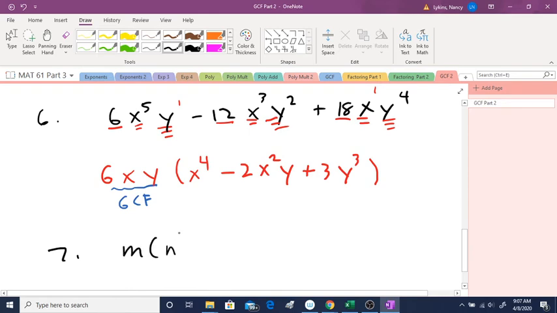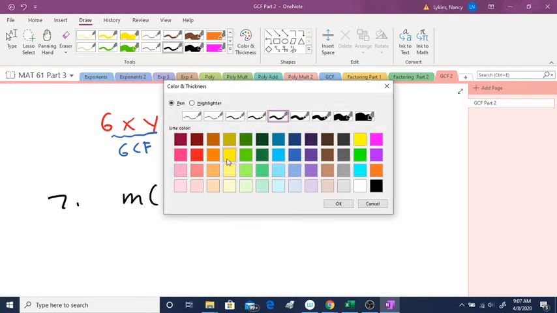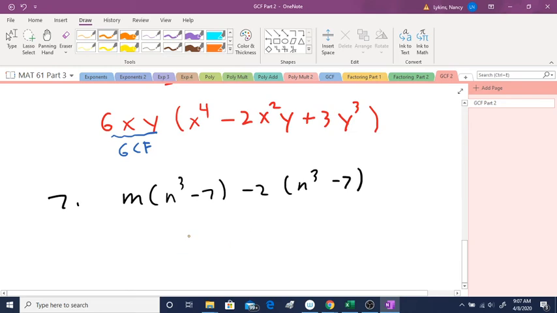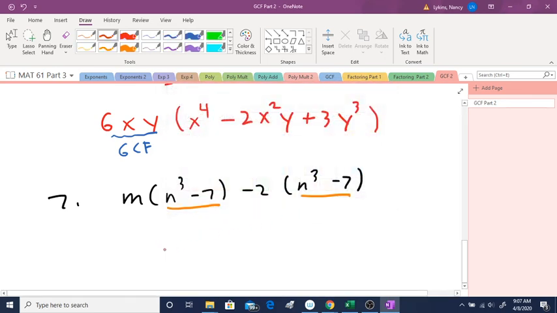Now some of us will be introduced to a problem like this. And you all have to pay attention to this because they're trying to confuse you all to make this look a little different than what we have been. So I want you to look at this. Look at the parentheses right here. The n to the third minus 7.